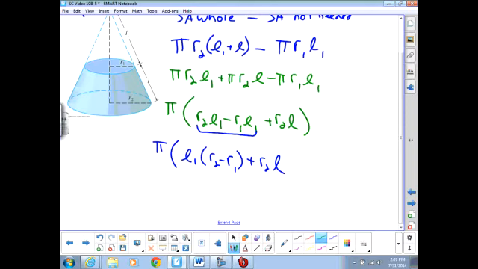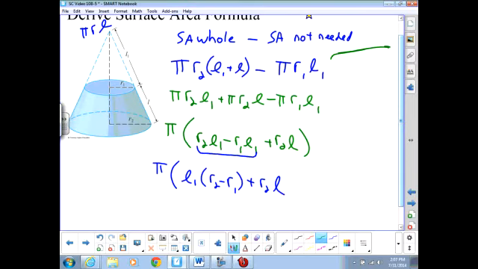Well, using our picture, we can set up similar triangles. L1 corresponds to L1 plus L, and R1 corresponds to R2.